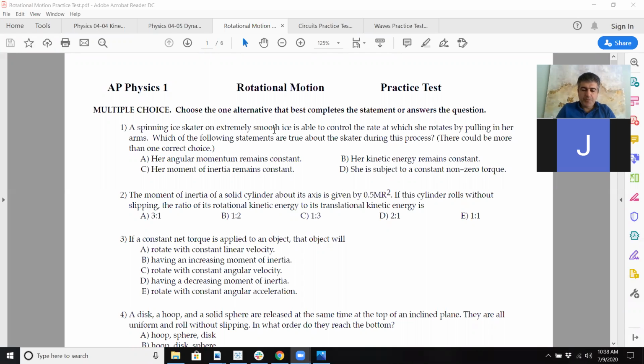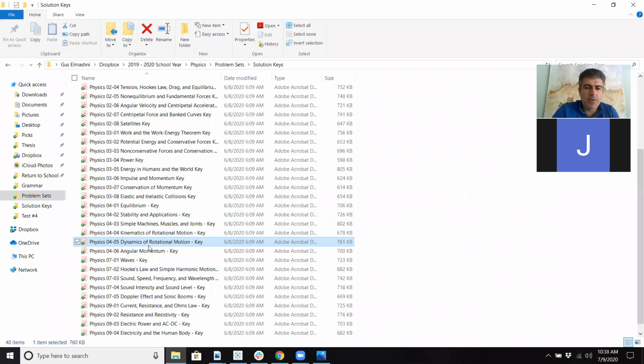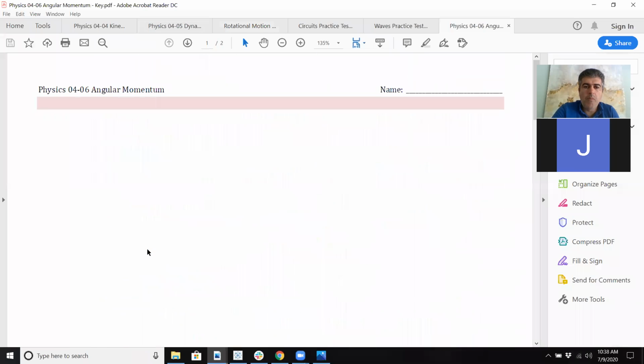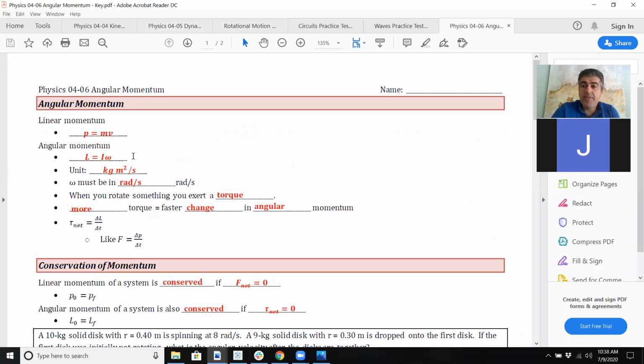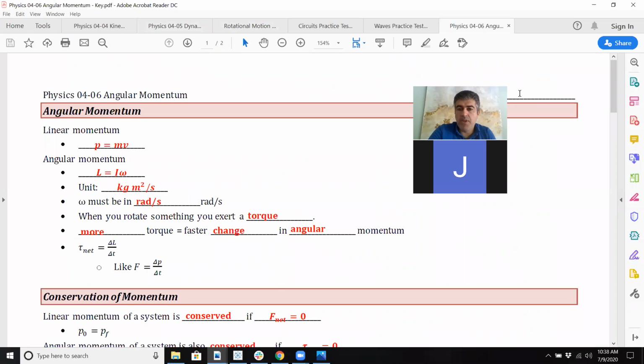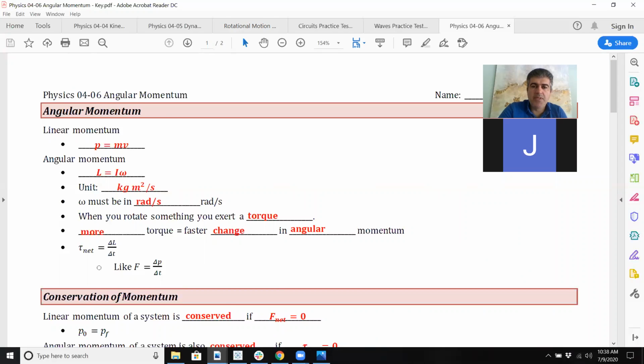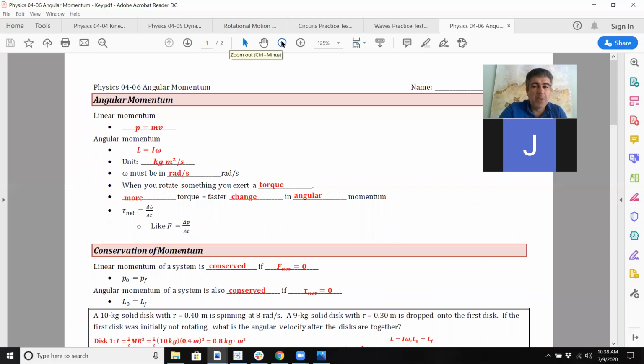Remember our discussion about angular momentum, which is I times omega. So when the I changes, the omega changes. Because the inertia is reduced when you bring your arms in, there's less resistance, so you're going to move faster.